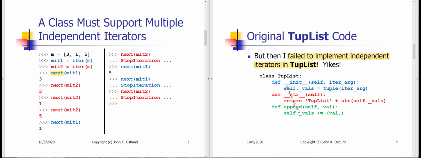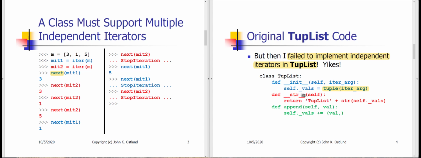Here is the TupList code that we looked at in week 5 part 1, class TupList. We need our dunder init method to create and initialize a TupList. Internally, we're using a tuple to contain the values that are in the TupList.